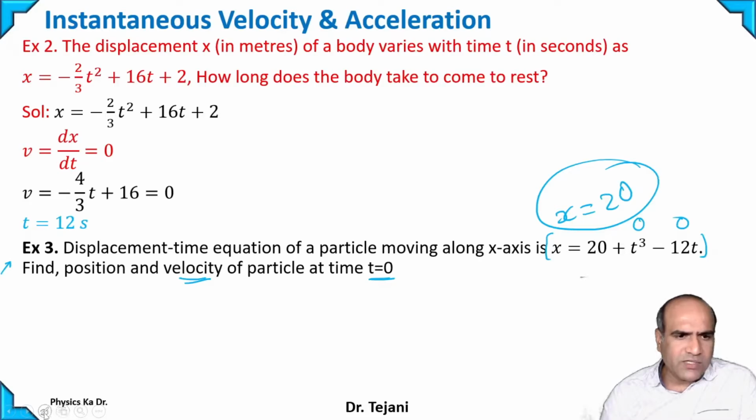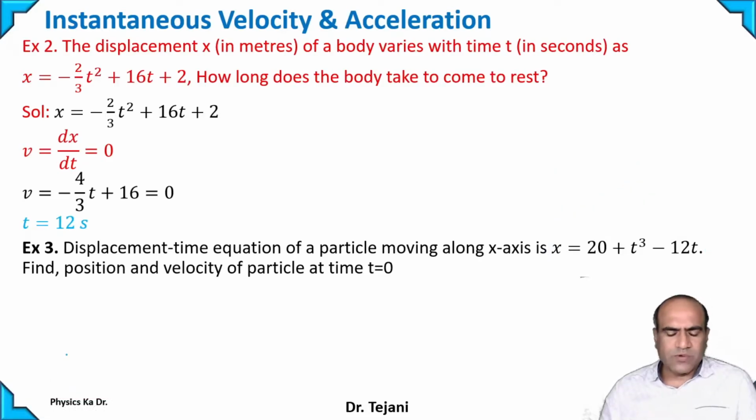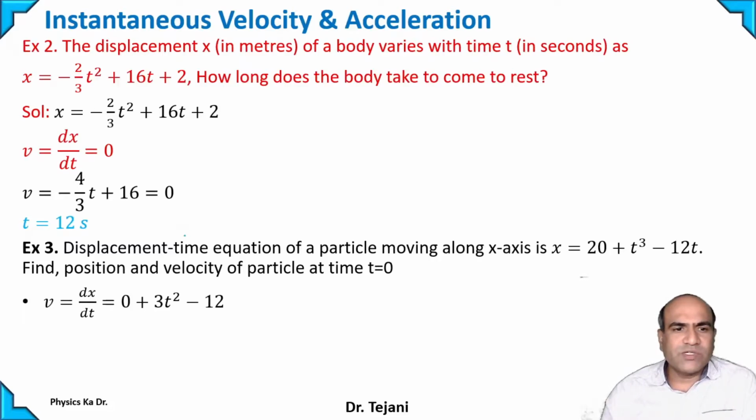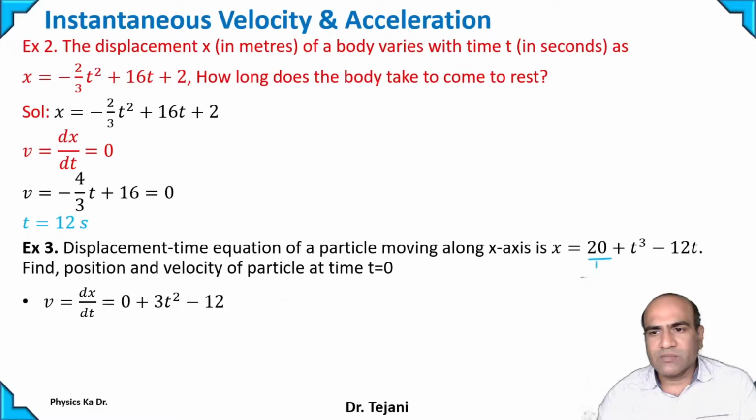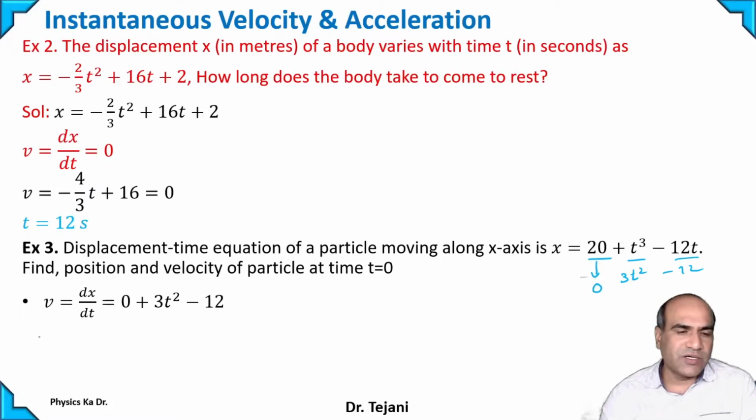To find velocity, pause, it is a very simple question. You solve it. Velocity is equal to dx by dt. Put the value here: 20t cube becomes 60t square, and minus 12t becomes minus 12.